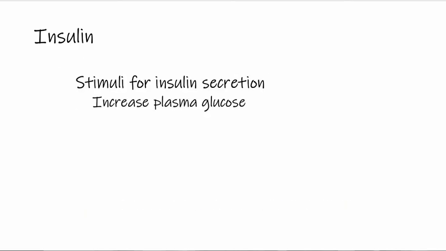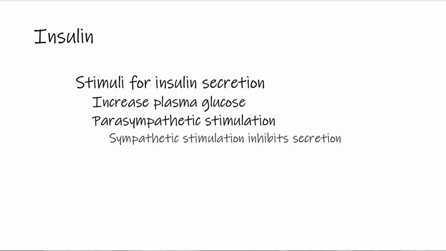Stimuli for insulin secretion. Increase in plasma glucose will cause insulin to be secreted. Stimulation of the parasympathetic system, which is our rest and digest system, will result in increased insulin secretion. As we've mentioned before, oftentimes the autonomic nervous system has an accelerator and a brake.